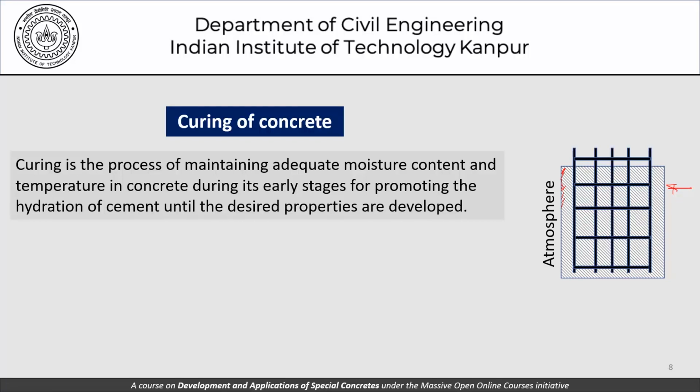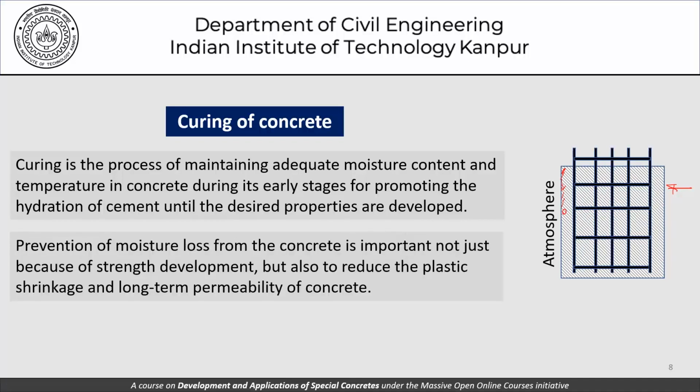And therefore, through curing, we try to maintain favorable conditions within the concrete so that all cement particles, or the entire cement content in the concrete, is able to hydrate and hydrate fully.